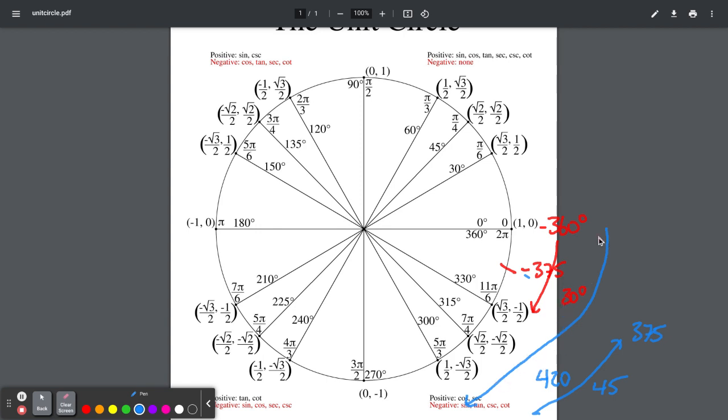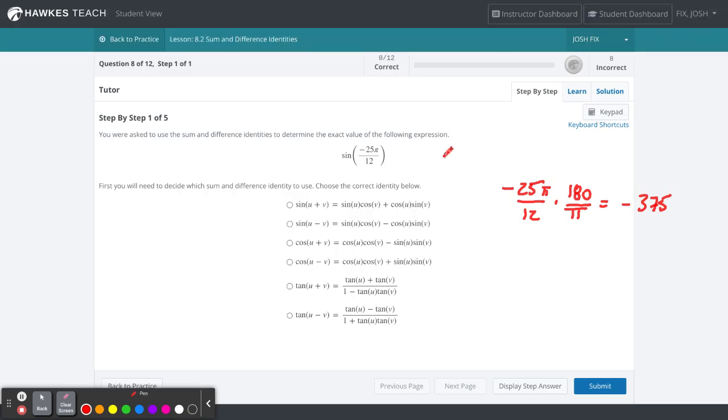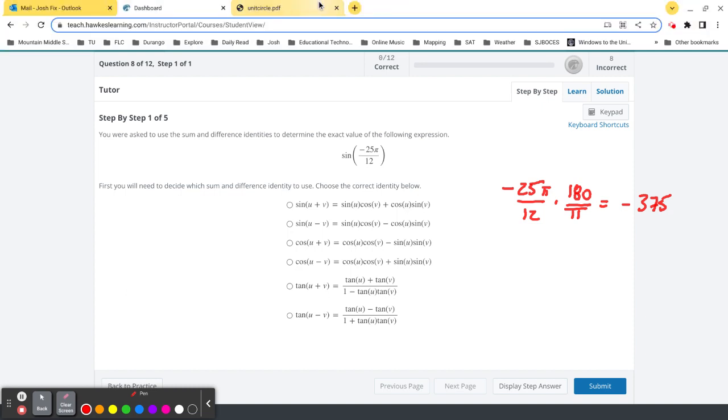So let's go back over this one more time. We start this question off. We need to go around. I have negative 25 pi over 12. I'm going to convert to degrees to help me understand what I'm looking at in terms of my circle.